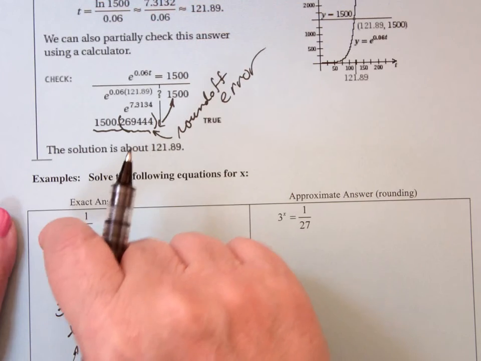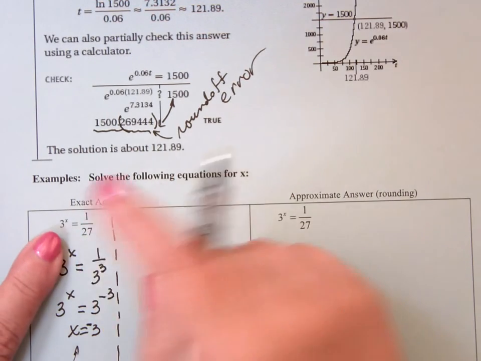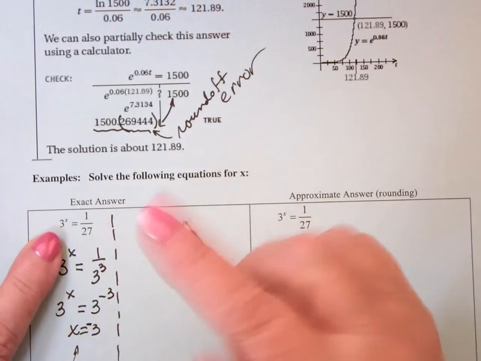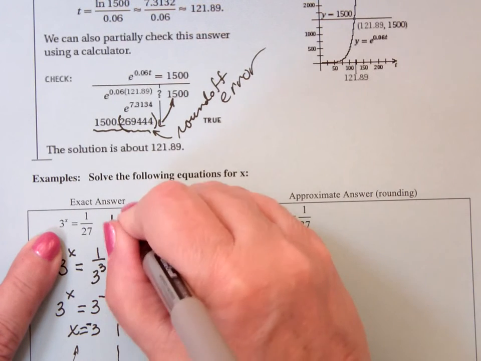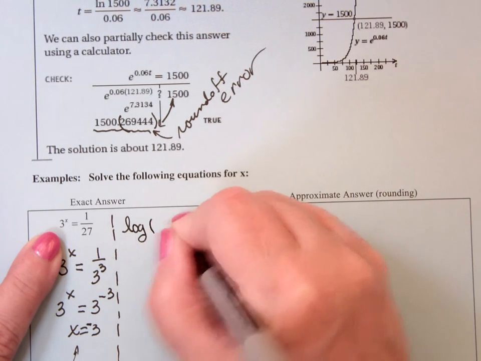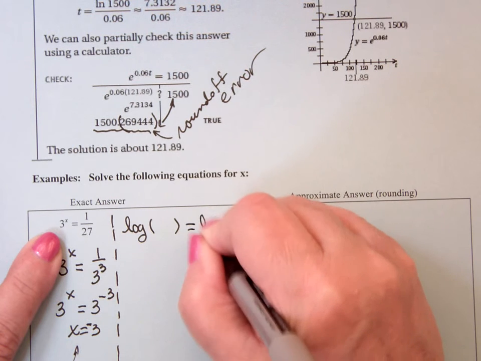If I were to say, and I didn't know how to work the problem this way, I could say if these two things are equal, then the log of those two things also have to be equal.